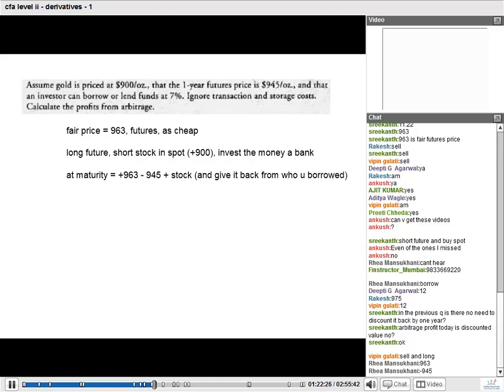Why did you borrow? You borrowed it to short. In level 1 we studied short sale transactions, that is you borrow the stock and you sell it and then you return the stock back. So you'll have an arbitrage profit of $18.